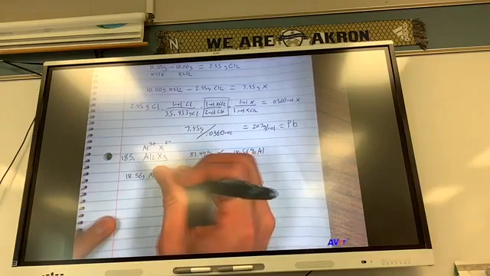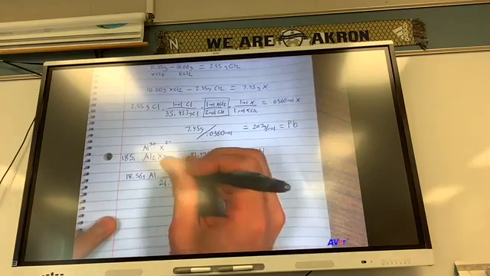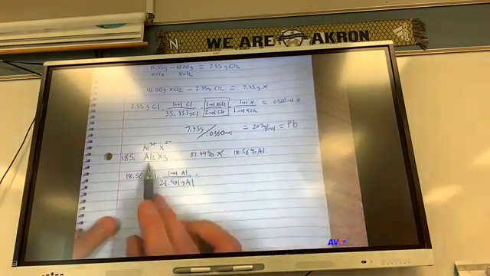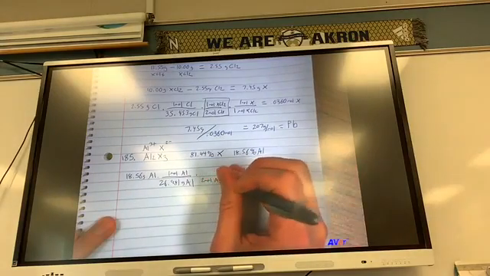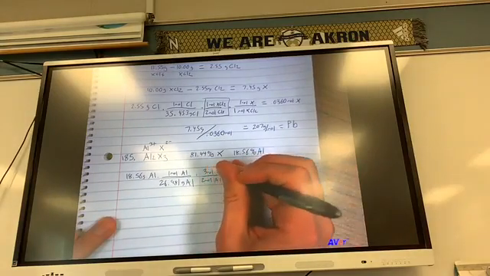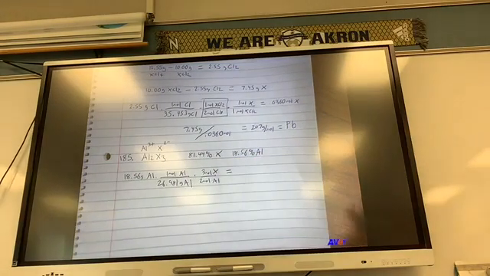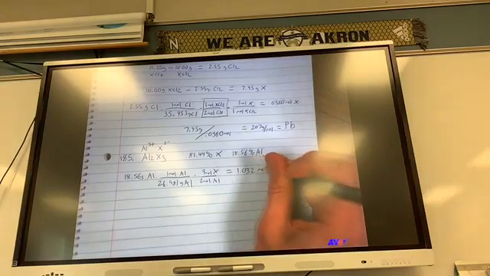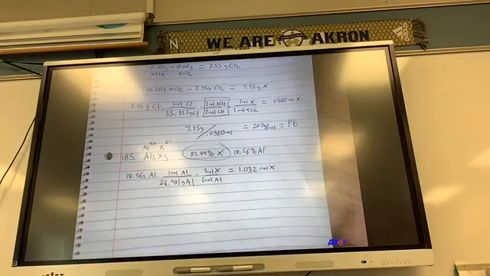And then we're going to go to moles. So 26.981 grams of aluminum in 1 mole of aluminum. And then just stoich your subscripts. For every 2 moles of Al, there is 3 moles of X. So that will give me my moles of X, which I got 1.032 moles of X. I've got grams of X, right?